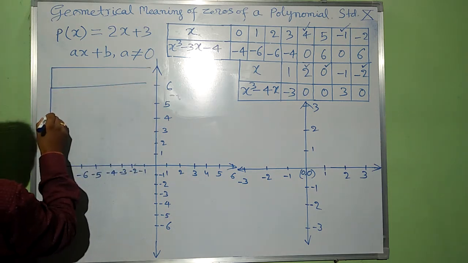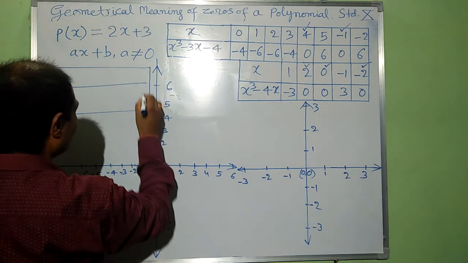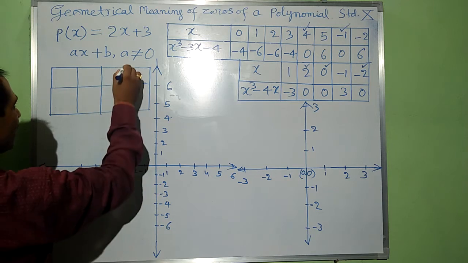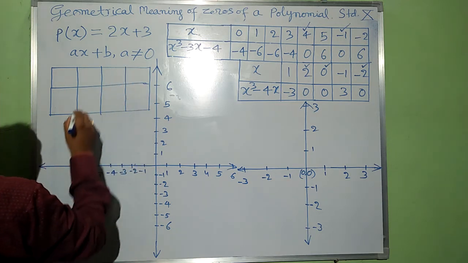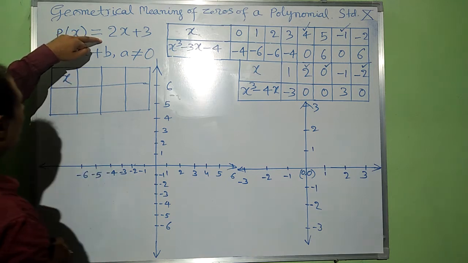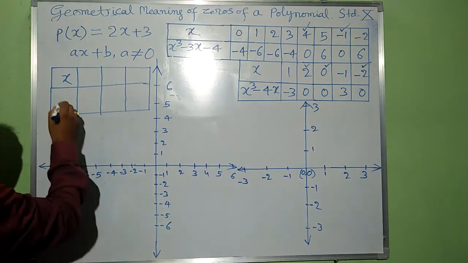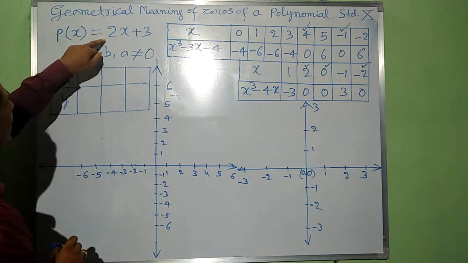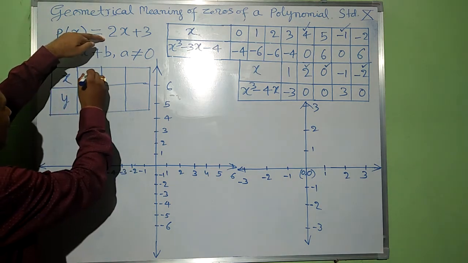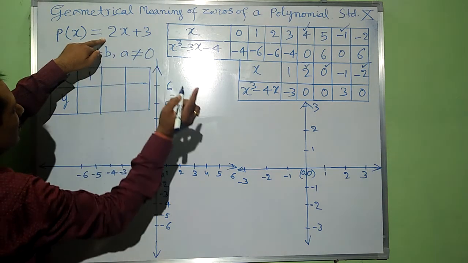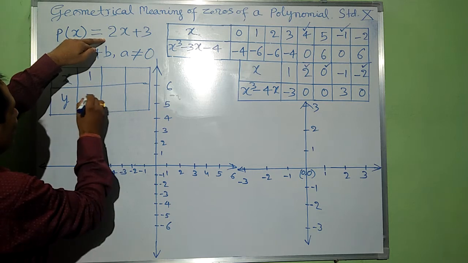I am going to draw a graph from the given information. When we put x equal to 1, p(x) is 2 into 1, that is 2, plus 3, that is 5.